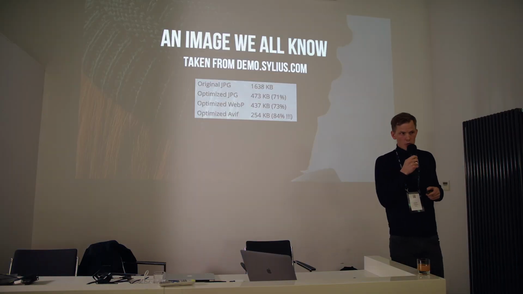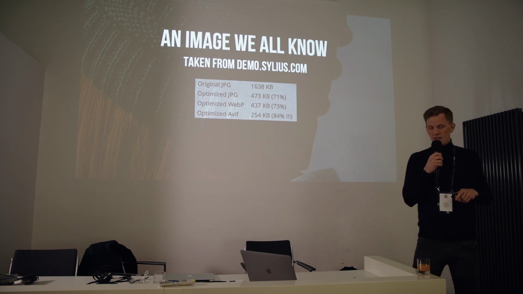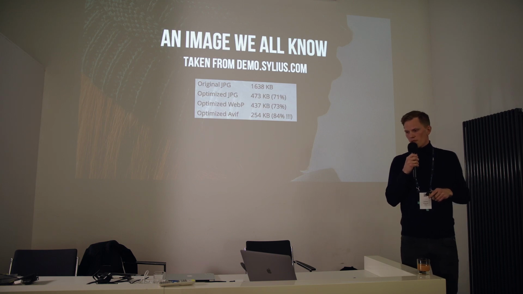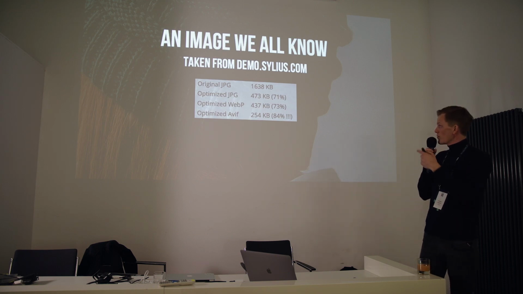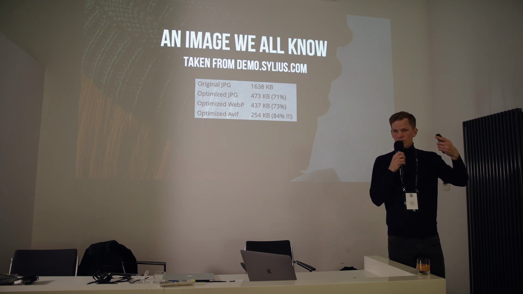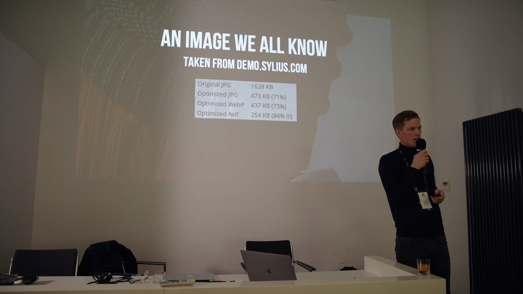Just to give you an example of what we are actually talking about in savings here. This is an image from the Sylius demo, and I chose the pop-up just to show how much it is. The pop-up image is 1.66 megabytes. Then I optimized that JPEG, and optimized it again, then converted it to WebP, and then did the same for the AVIF.